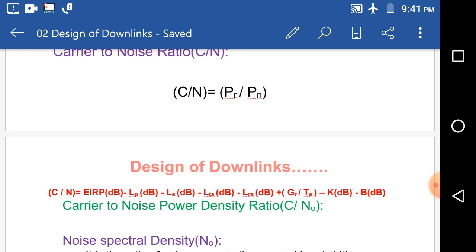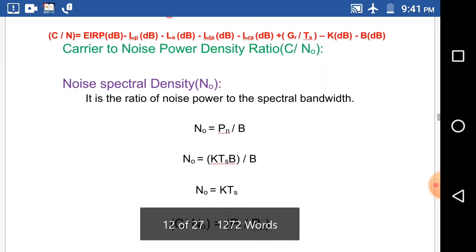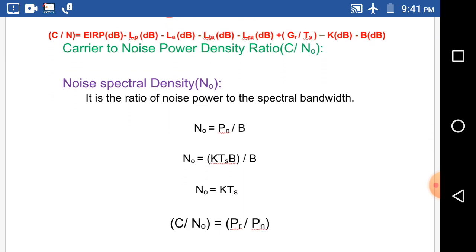Sometimes we can use this formula to calculate the C by N ratio in terms of the carrier to noise power density ratio. So first of all, understand what noise density means, and then we'll find out the carrier to noise power density ratio. Noise density is denoted by N naught.